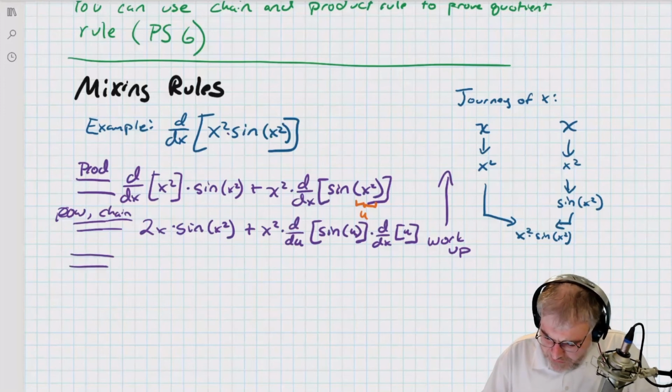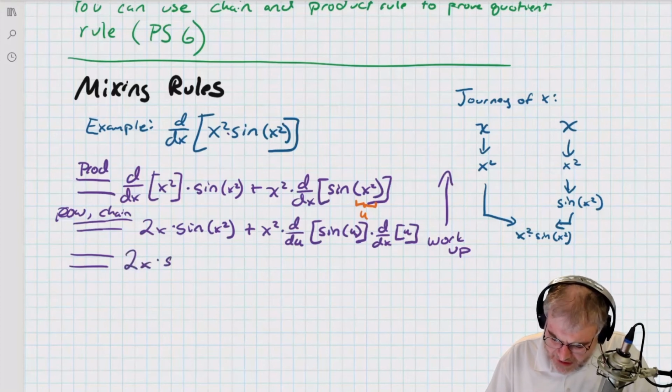We're going to evaluate this derivative, and then we're going to sub in that u. So we got 2x times sine of x squared plus x squared times, now this derivative right here is cosine of u times the derivative with respect to x of u, which was x squared.